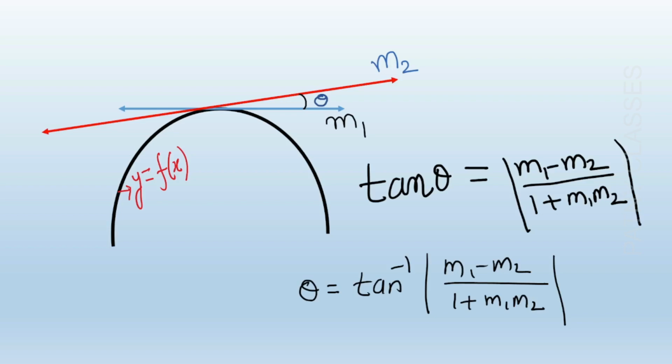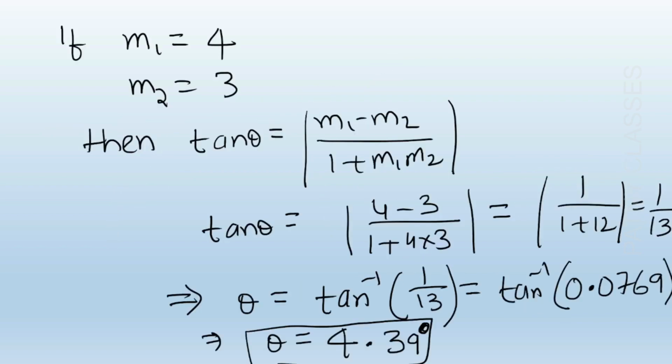Let's see one example: when m1 and m2 are given, how to find theta. m1 equals 4, m2 equals 3, and we already know that tan theta equals modulus of (m1 minus m2) upon (1 plus m1 m2). In that case, putting the values of m1 and m2 here, we get tan theta equals 1 upon 13, and theta equals tan inverse of 1 upon 13.